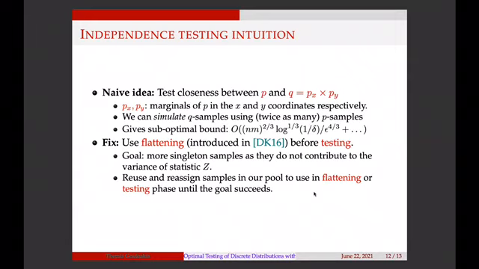The intuition why this is beneficial to us is that if we have more signature samples, this would create more singleton samples in the domain. And if you recall how the statistic is defined, the singleton samples don't contribute anything to the variance of the statistic Z. So this allows us to prove even stronger concentration bounds for Z, and in turn we can improve the sample complexity bound.